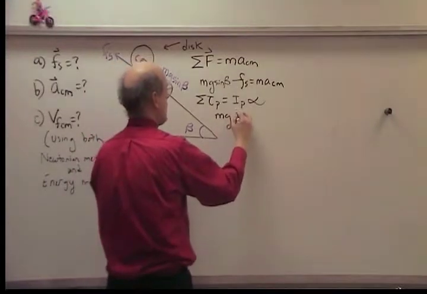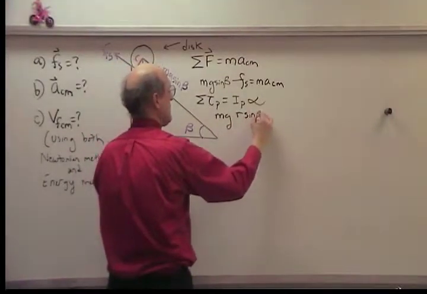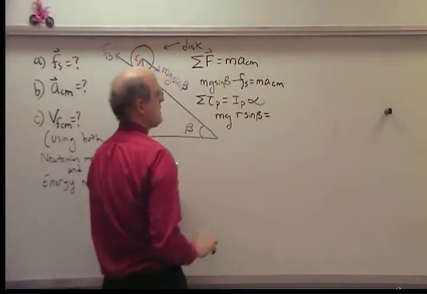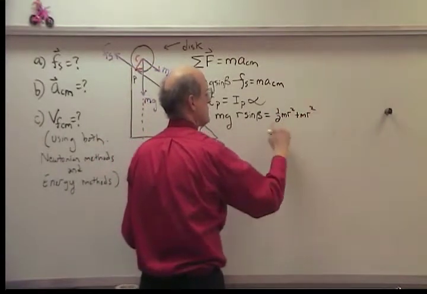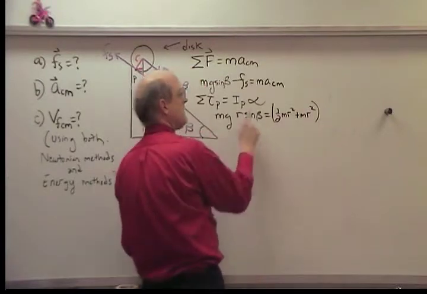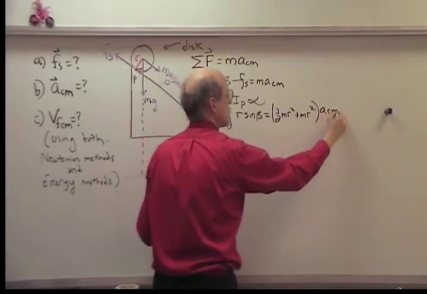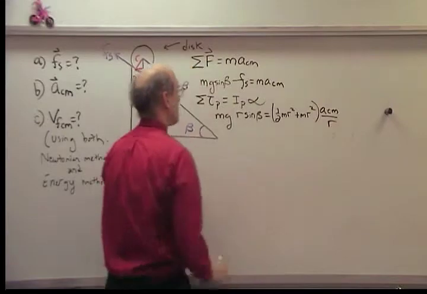So we have r sine beta, and that's equal to IP, which would be mr squared plus mr squared. I used the parallel axis theorem there. And alpha would be the acceleration of the center of mass over r.